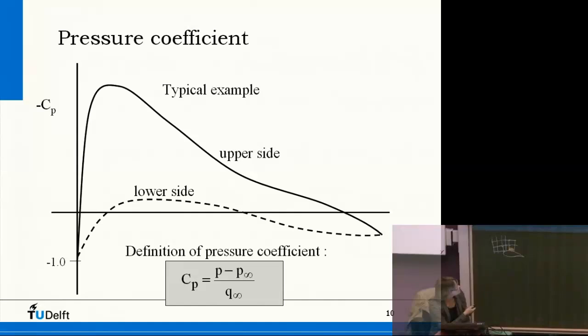So that's P infinite, and the dynamic pressure Q infinite is half rho V squared. So the CP, you really need to know: that is P minus P infinite, where the infinite conditions are way upstream compared to this airfoil, over Q. And Q is half rho V squared, right?